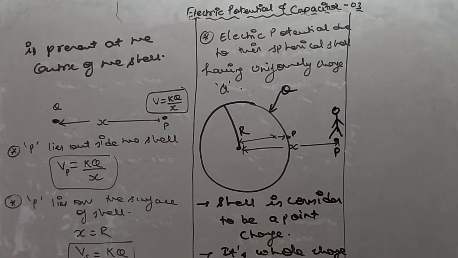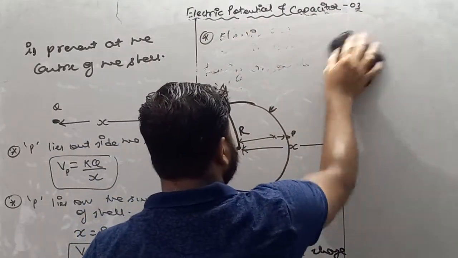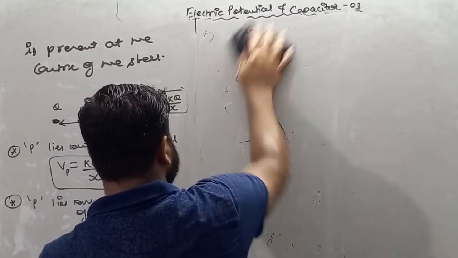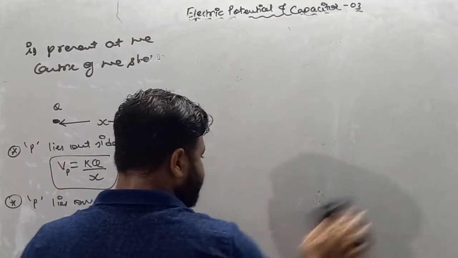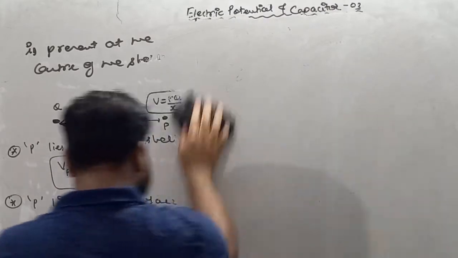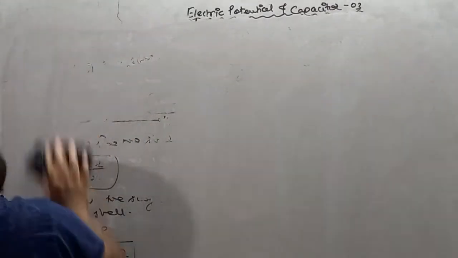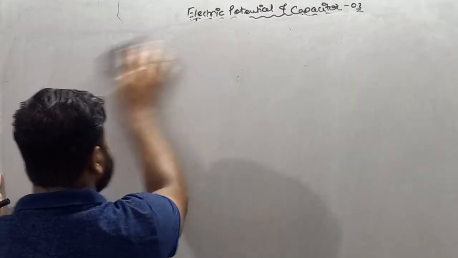So moving forward, now we'll discuss another topic, which is electric potential due to an infinite long charged wire. So write down: electric potential due to an infinite long charged wire.